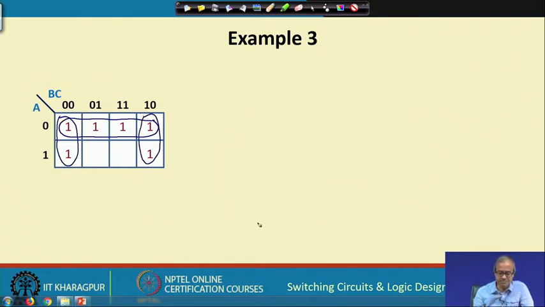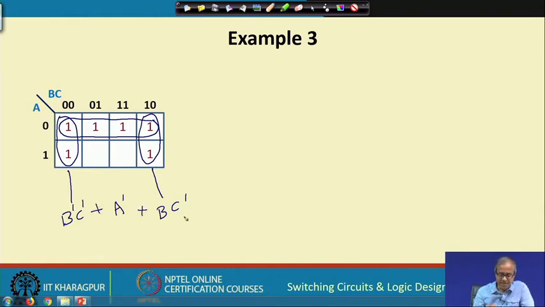Suppose I do this, then this first cube will be corresponding to A gets cancelled out 0 0, this is again B bar C bar, the last cube again A cancels out 1 0. So, it will be B and C bar, and this big one will be only A bar, because B C both cancels out, it becomes like this, these 3 terms.